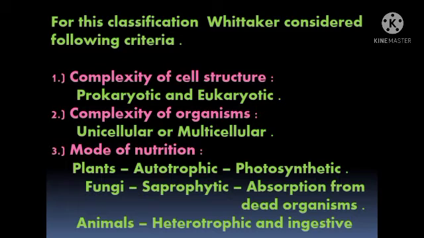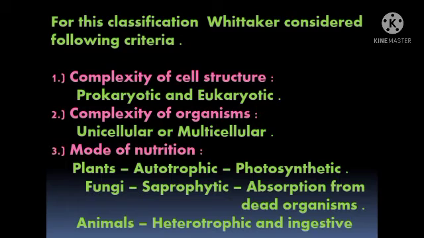Here students, unicellular means single cell animal. Uni means one or single, and cellular is the word given for cell. So the organisms which are made up of a single cell are known as unicellular animals.